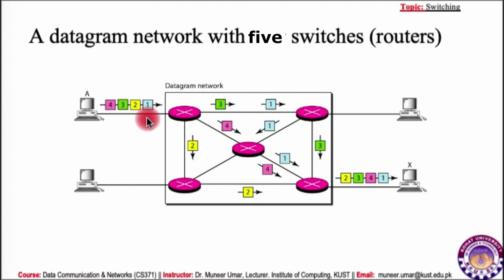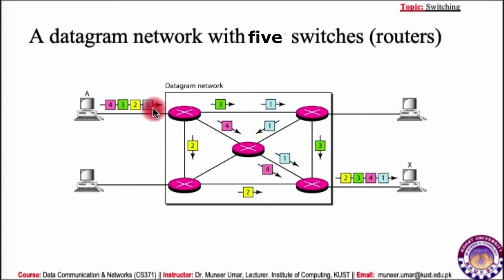This is because the links may be involved in carrying packets from other sources and do not have the necessary bandwidth available to carry all the packets from A to X. This approach can cause the datagrams of the transmission to arrive at their destination out of order, with different delays between the packets.